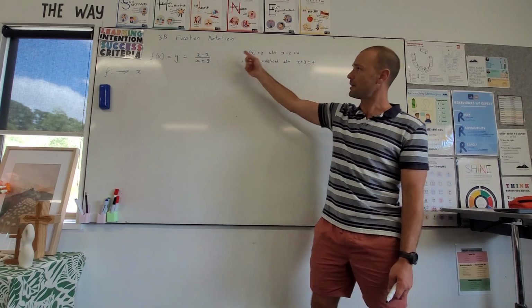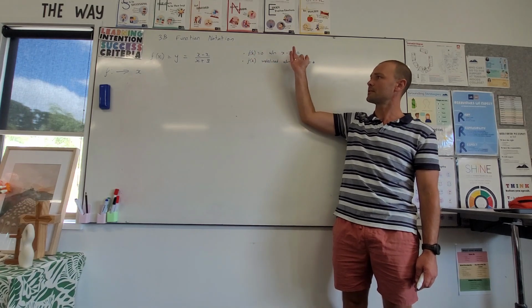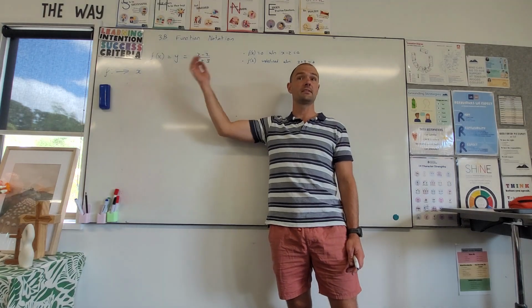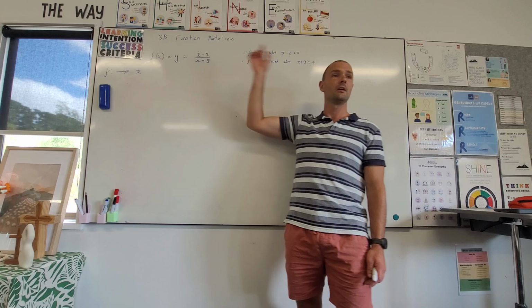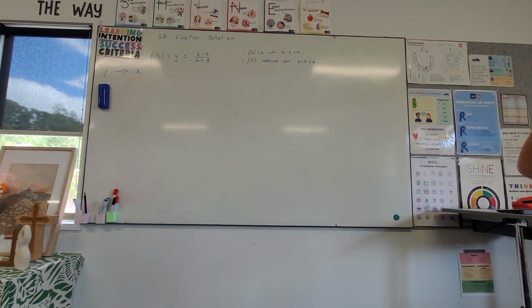The numerator here is x take 2, so the function will equal 0 when the numerator is 0. And when the denominator is 0, the function is undefined, righty? That's because we can't divide by 0. We remember that. Okay, so let's have a look at our first example.